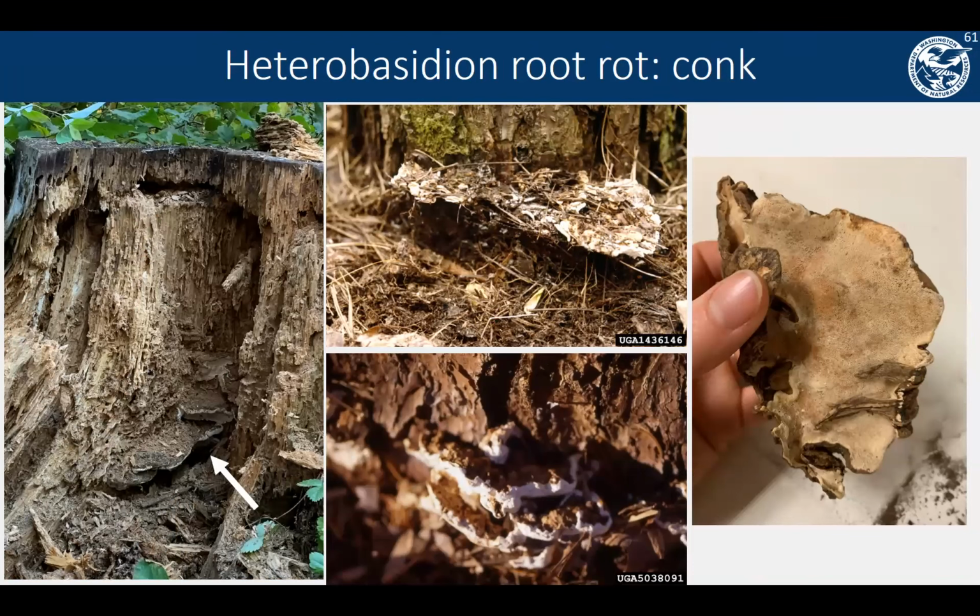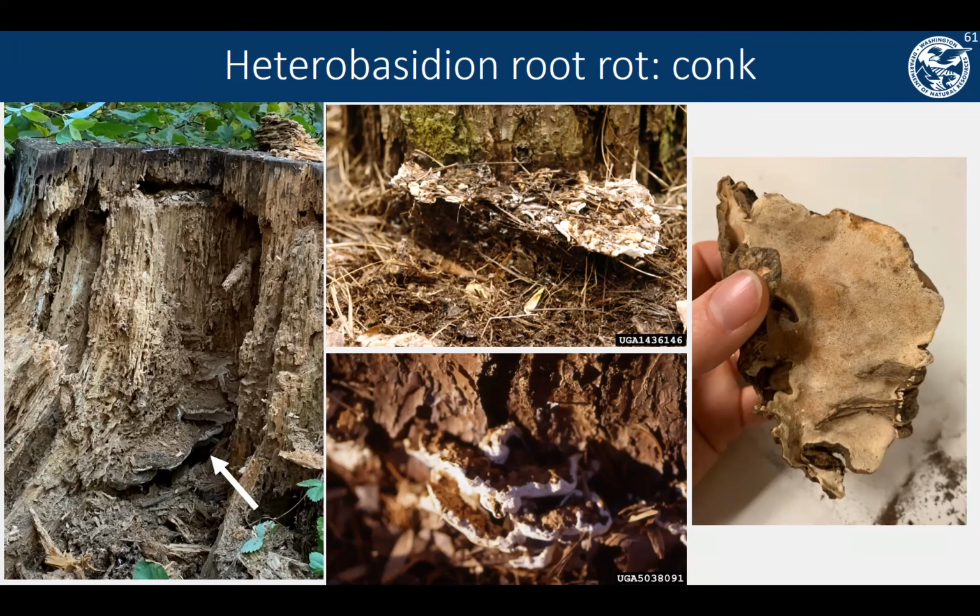Okay, so thanks for that. We're caught up hopefully on slide 61, where you can see these conks. They tend to be in difficult to find locations. So the picture on the left shows the conks forming in the center of a rotten out stump that were only exposed when you hacked into that and removed a lot of the wood. The two middle pictures show the conks right at the duff level, at the soil level, often underneath needles that you have to move aside to expose.